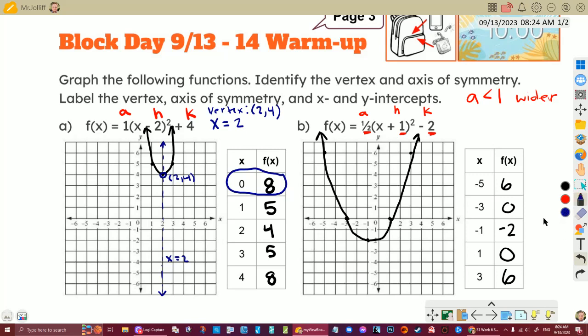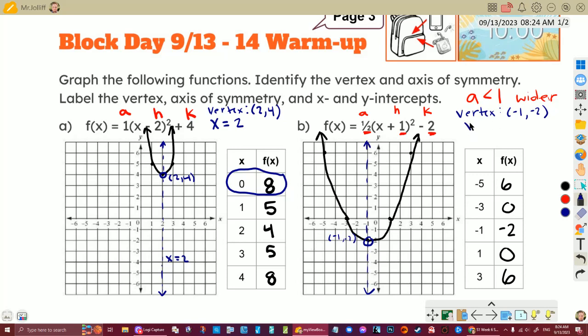So last step, let's go ahead and label things. We know our vertex from our table. We know that that's -1, -2. We know our axis of symmetry is going to pass right through that vertex.